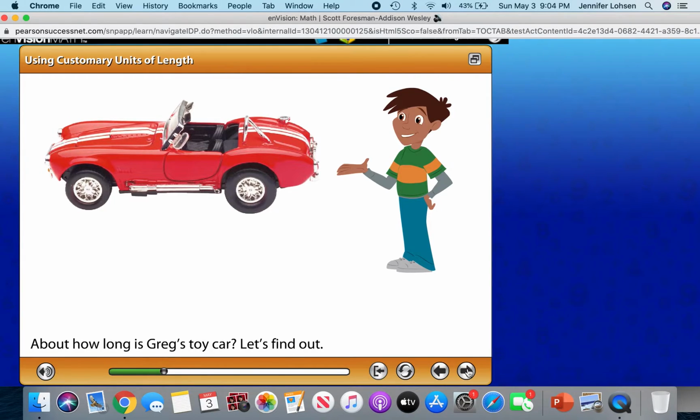Okay, let's find out. So we have Greg's toy car here, and they're asking us about how long his toy car is. So we are trying to make an estimate of the length of his car. Now we can use a tool for measuring this to get an exact length, and that tool is called a ruler. But if we were just trying to find an estimate, we can use any non-standard form of measurement.